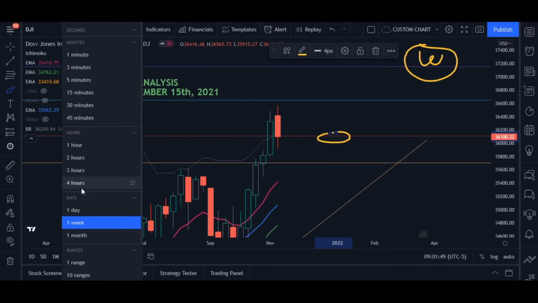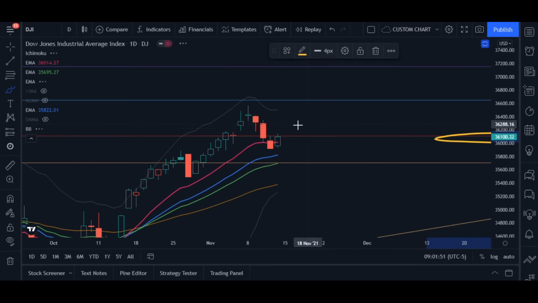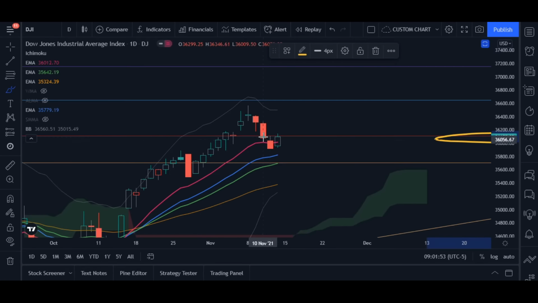Secondly, on the daily chart, when the market came down, it hit this particular moving average, it crossed, and then it was supposed to hit this moving average, which was around 35,800.